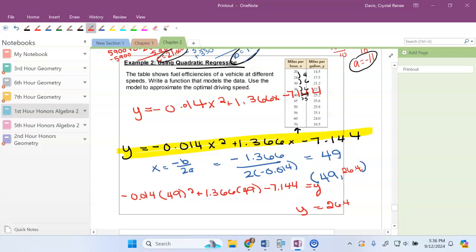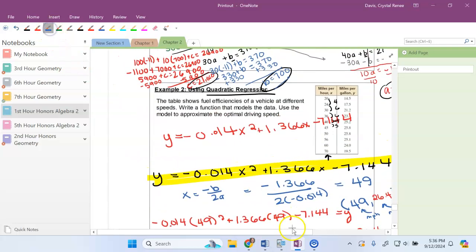Now I know some of you are having trouble with interpreting the vertex in the context of the problem. So what I want to do is look at my x, which is in miles per hour, and this is miles per gallon. So at the best miles per gallon, maybe I should put gas efficiency, but we're going to put miles per gallon.